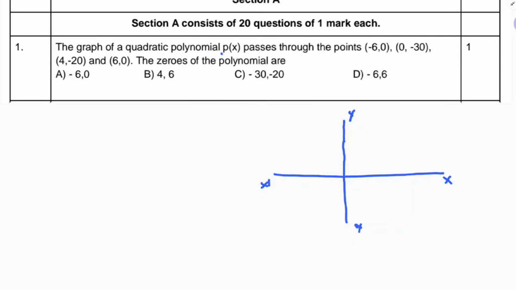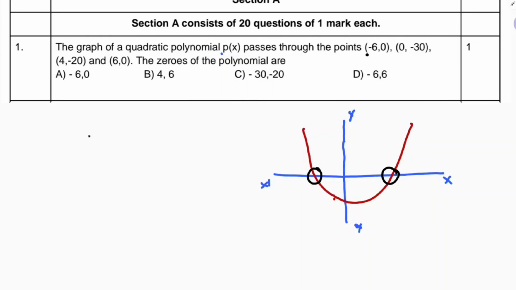Quadratic polynomial is a parabola, you'll get a graph like this. So we'll find the zeros of the polynomial are nothing but where it cuts the x-axis. Where it cuts the x-axis. So out of these 4 points, the quadratic polynomial passes through the points.